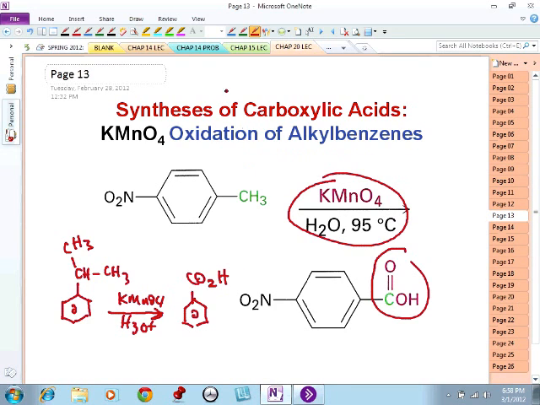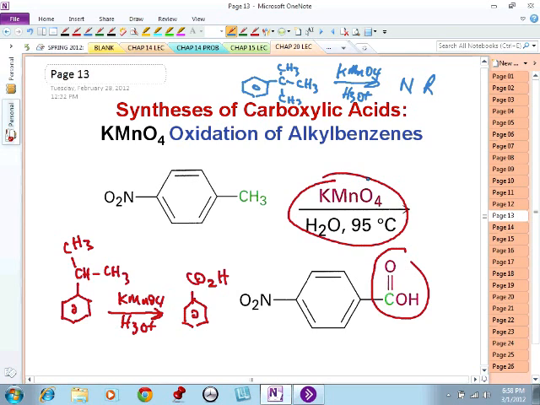If on the other hand, I have this, and I take the same reagent, potassium permanganate, there will be no reaction.